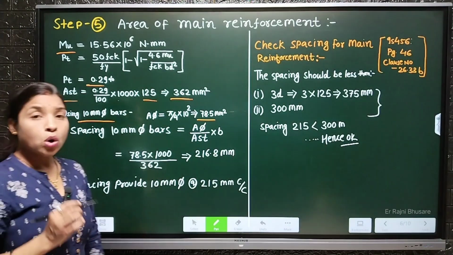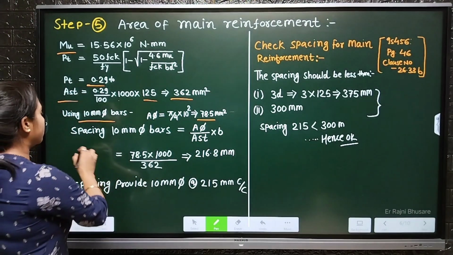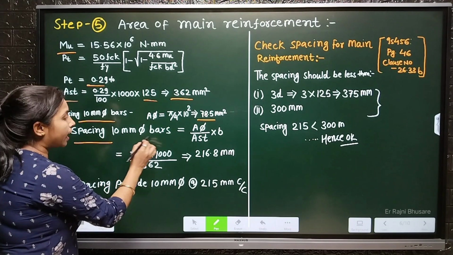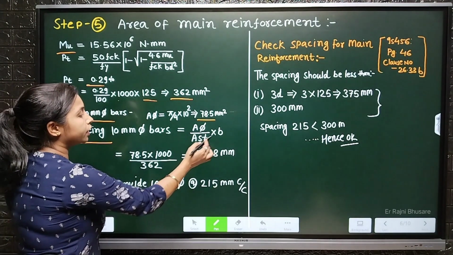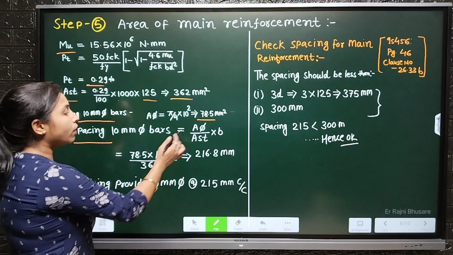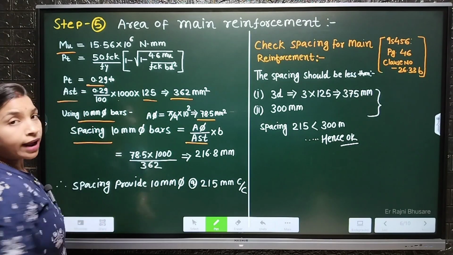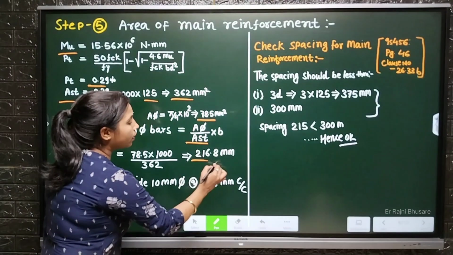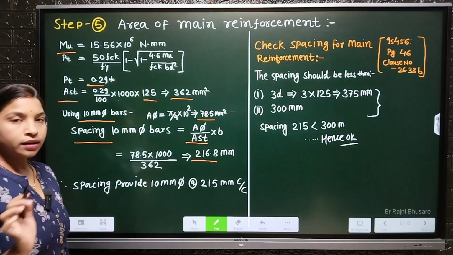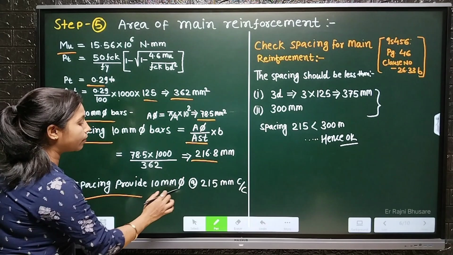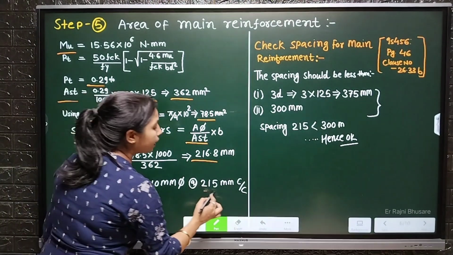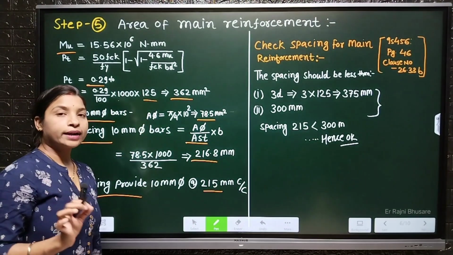Is that clear? Also we require spacing for 10 mm dia bars. Their formula is area of 1 bar by Ast into b. All values are put in this formula, and our value is 216.8 mm. Is that clear? Therefore spacing provided is 10 mm dia bars at 215 mm center to center. Are you getting the point?